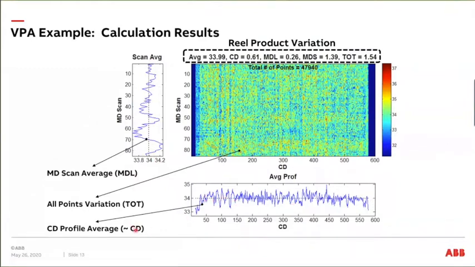That's where the CD component comes from. And the total is looking at the variability of this entire contour plot, so it includes the MDL, the CD, and also this MDS. We'll spend a little more time on that as we move into this next part.